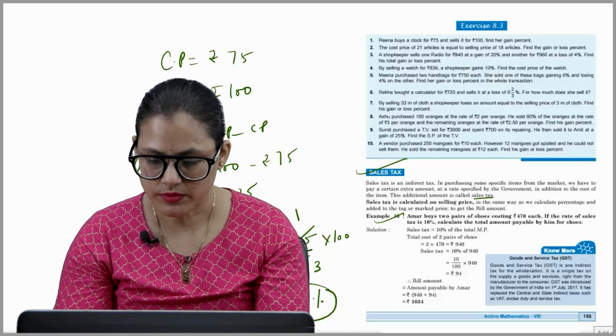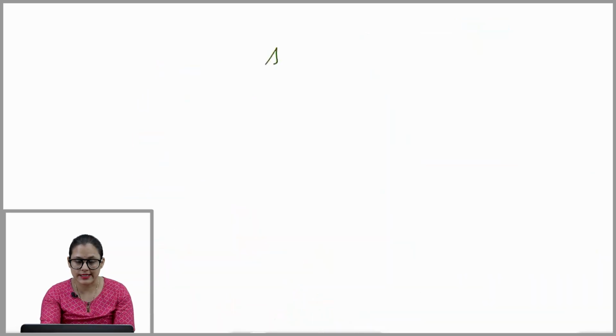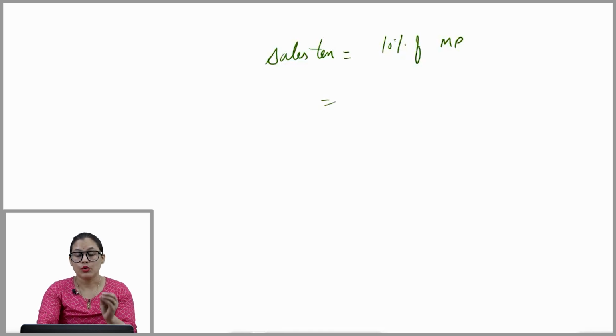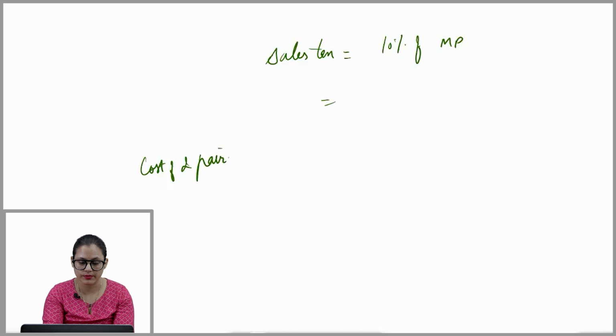Okay, see, sales tax is how much? 10% of MP, that is mark price. Total cost: he bought 2 pairs of shoes costing 470 each, means cost of 2 pairs of shoes is what? 2 into rupees 470, which equals 940 rupees.